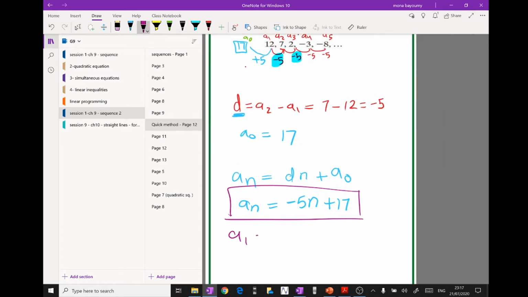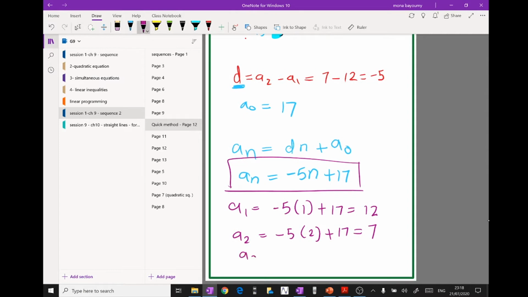A1 means n equals 1, so negative 5 times 1 plus 17, which is negative 5 plus 17, will be 12. If I substitute n by 2, it will be negative 5 times 2 plus 17, negative 10 plus 17, it will be 7.